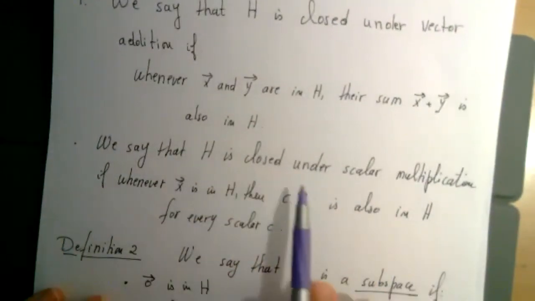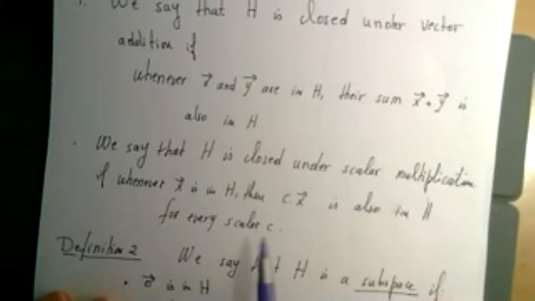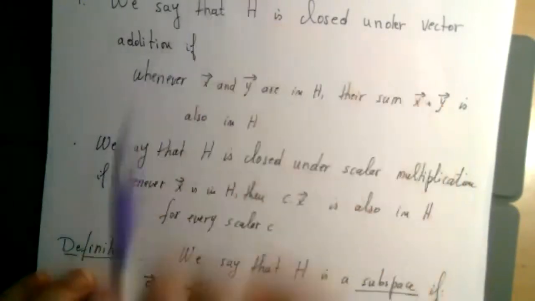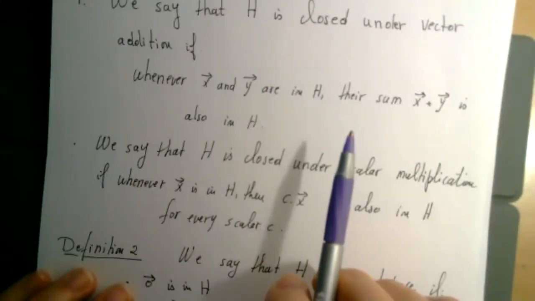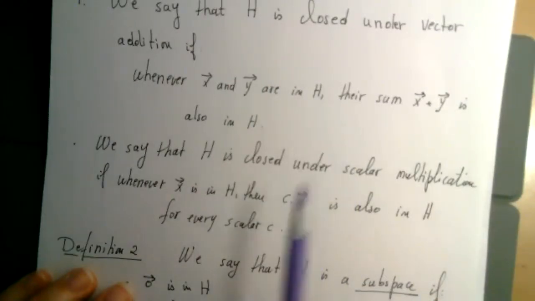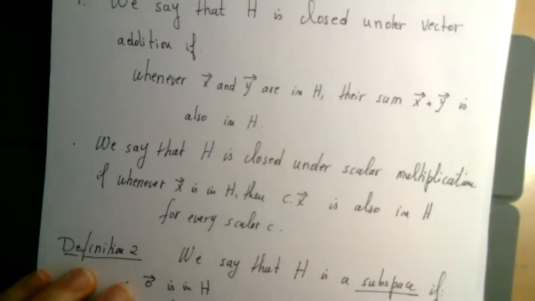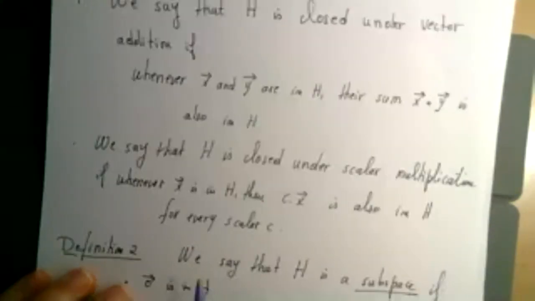We say it's closed under scalar multiplication if you start with a vector belonging to this collection and scale it, and the new vector is also in H, regardless of what the scalar is.